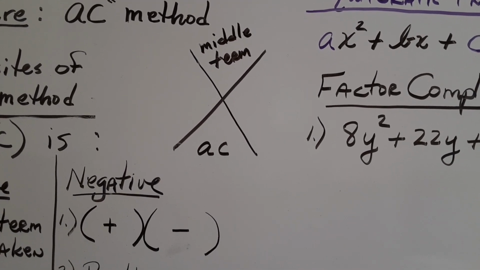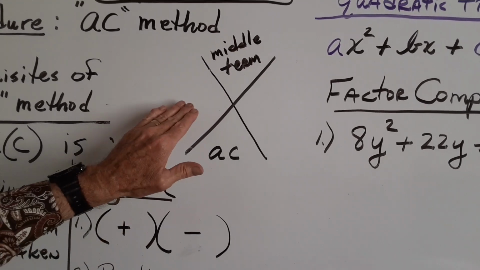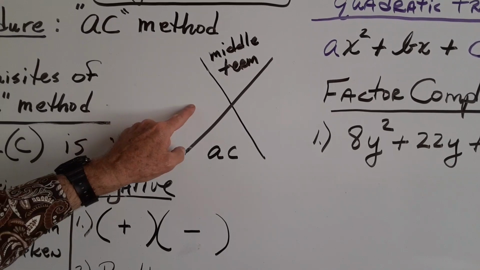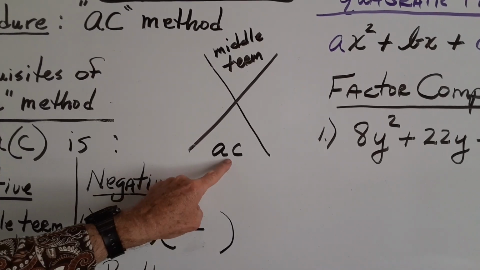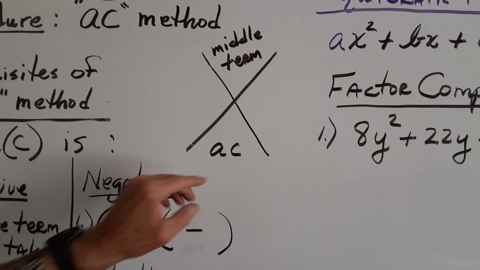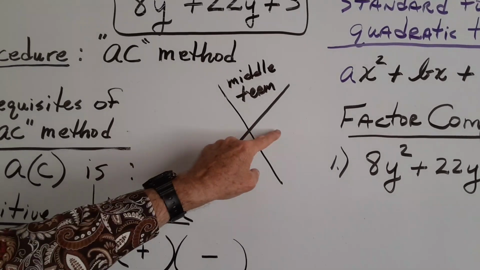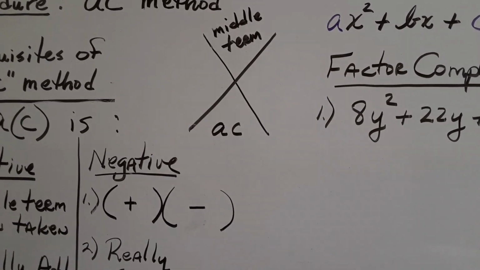I will offer a strategy, but either one of them can have either one of the signs. Plus, minus, minus, plus. If AC is negative, that will automatically mean that the 9 o'clock region and the 3 o'clock region will have to have different signs.